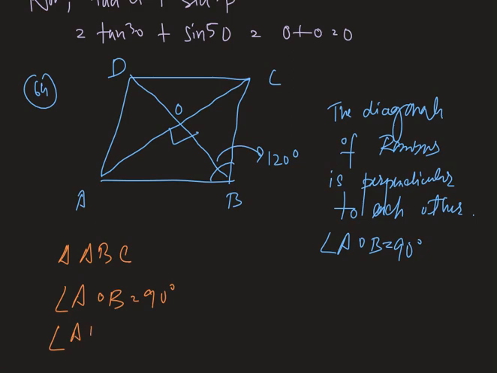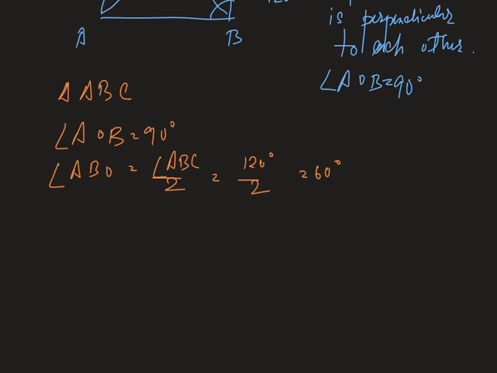Angle ABO is equals to angle ABC divided by 2, which is 120 divided by 2, that means 60 degree. Hence it is pretty much obvious that angle OAB is also 60 degree. Sorry, angle OAB is 30 degree.